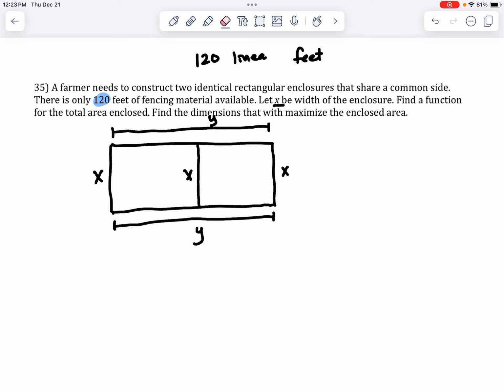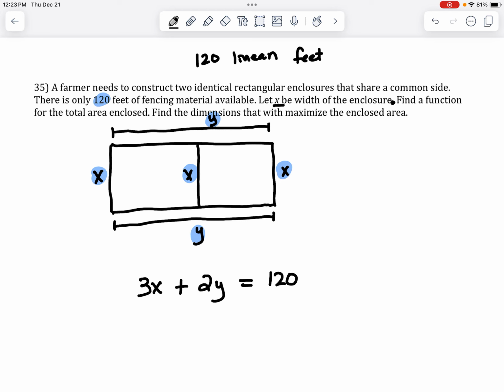And then, just in case you ever hear this, in construction, they call it lineal feet instead of linear. In math, we call it linear. Same thing. Okay, so that means that if you add the 5 sides, then that has to equal 120. So if you add those, that means we've got 3 x's plus 2 y's, and that equals 120 feet.